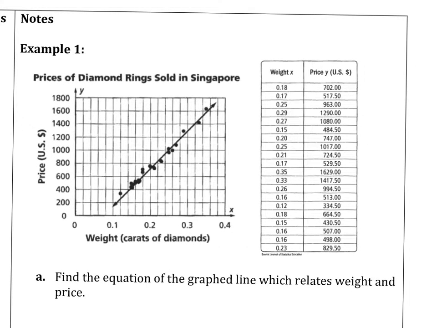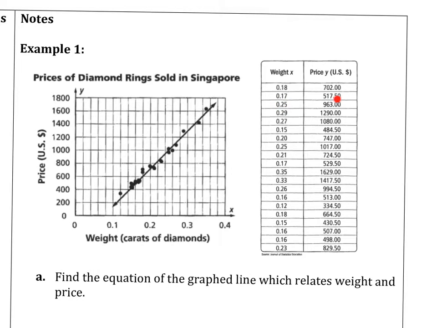So let's look at this. The price of diamond rings sold in Singapore. No date on this, but it's probably 10 or 15-year-old data. So a carat would be 1 carat, so this is 0.18, so not even a fifth of a carat, and it goes for $702.